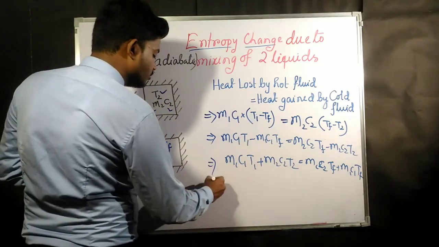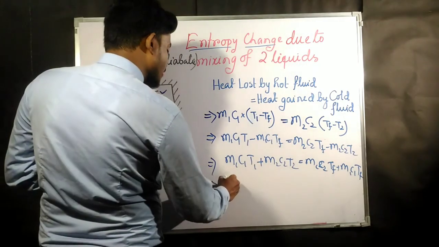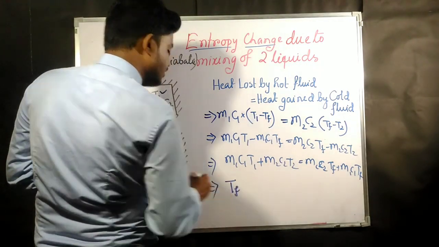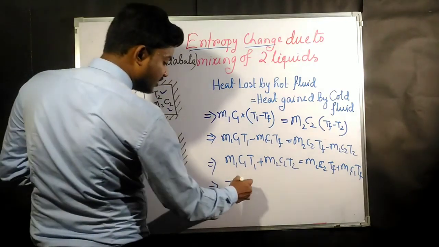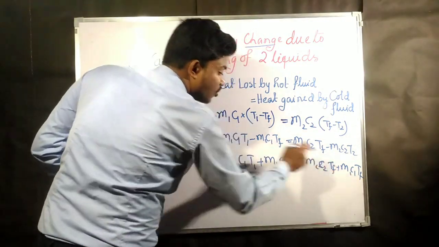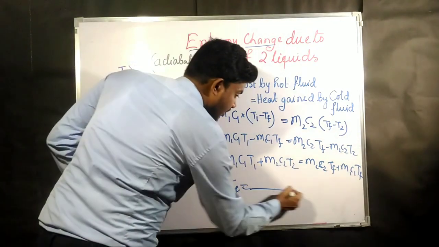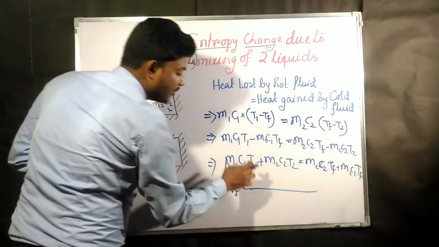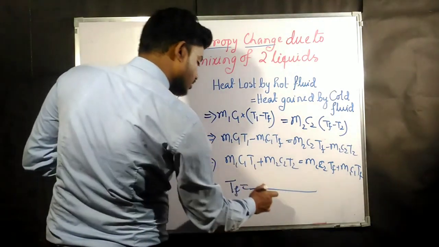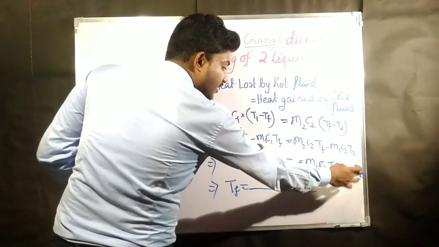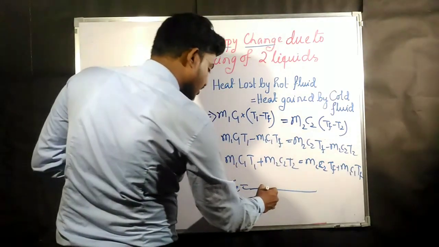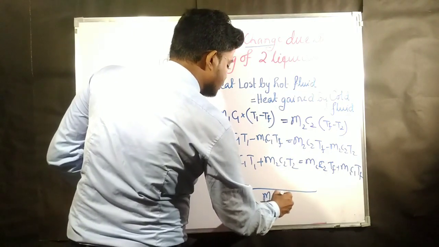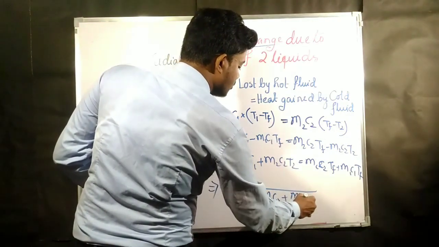So what is going to be the final temperature? If you take the final temperature TF common from here, the remaining part will come in the denominator. If you take TF common, what is remaining? The remaining thing is M2 C2 plus M1 C1.